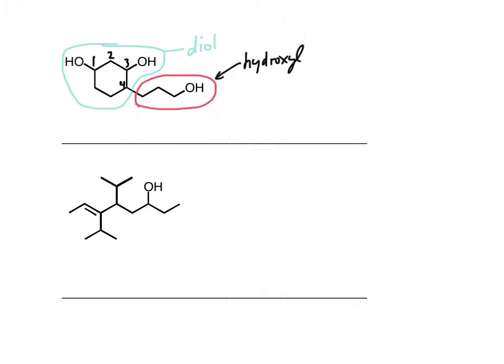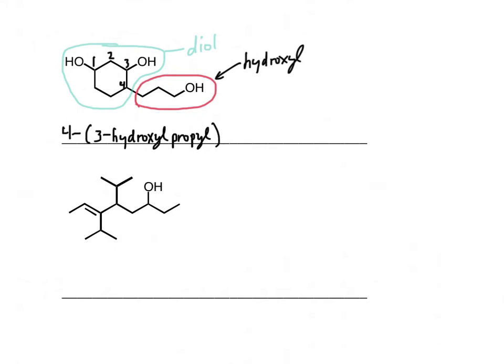Alright, so at number 4, let's put it down and do it first. At number 4, there is a hydroxy group at carbon 3 on that substituent. There's 1, 2, 3. So we're going to say 3-hydroxy, and it's a propyl group because of the 3 carbons.